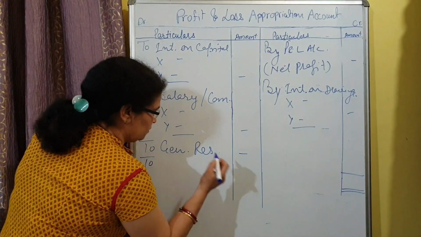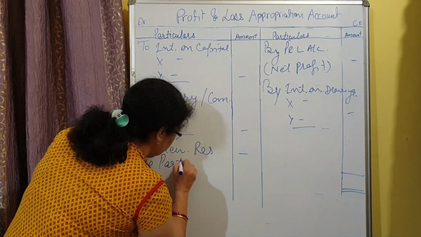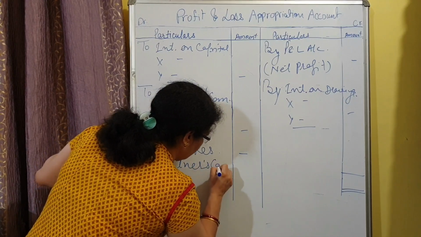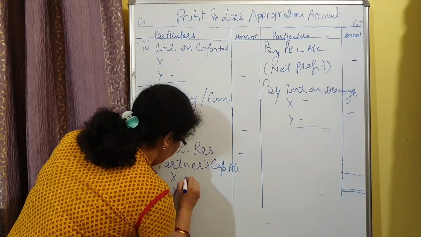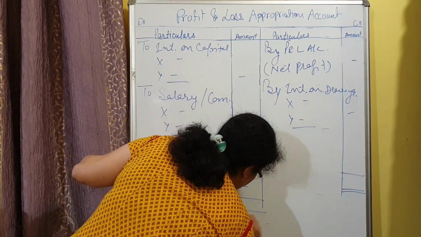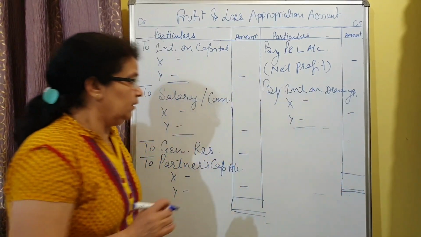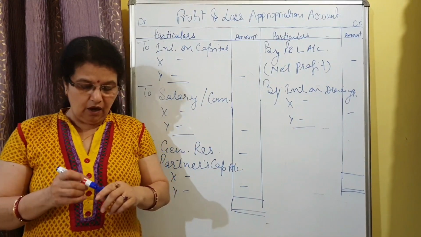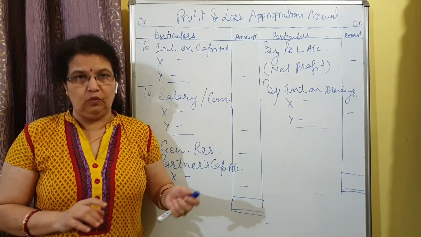In such a case, you should write to partners' capital account, X and Y in their profit sharing ratio, and the total should be completed. Okay, after making this format, now I am going to start the numerical question.